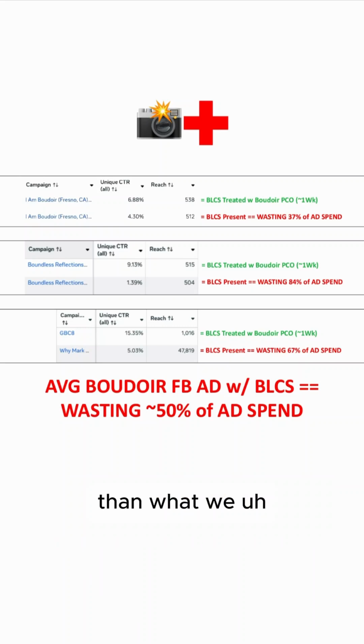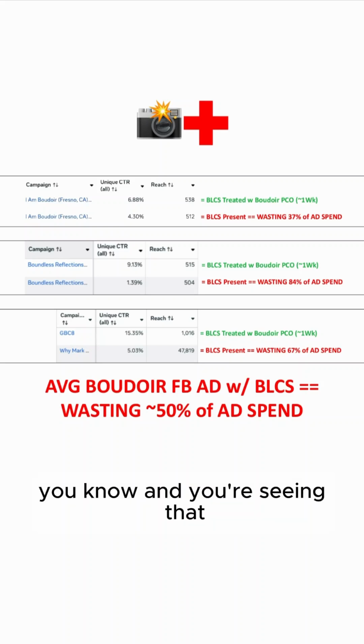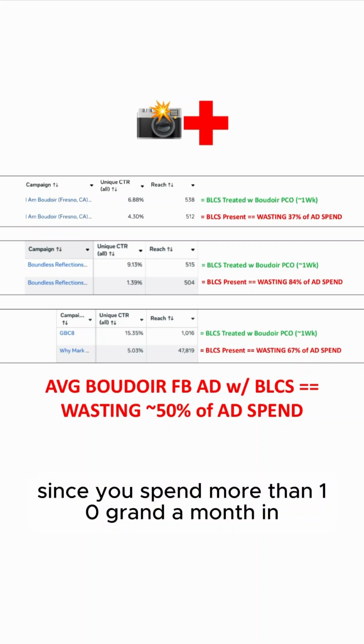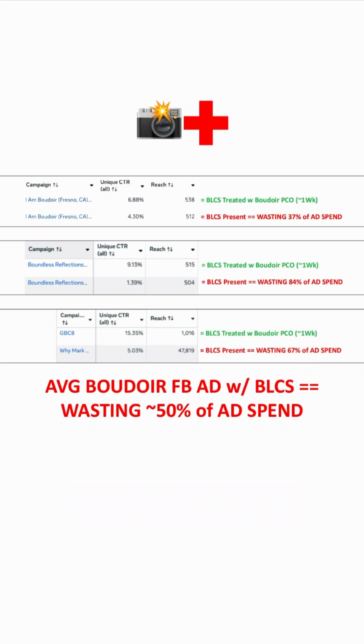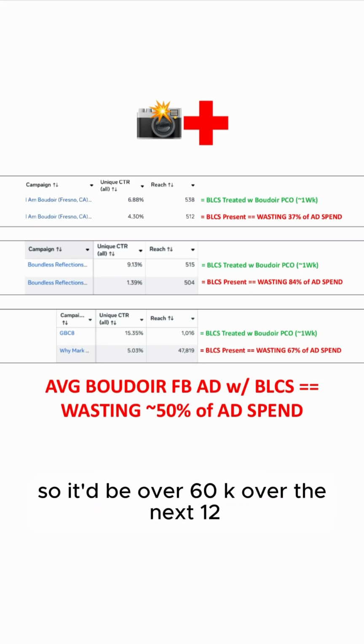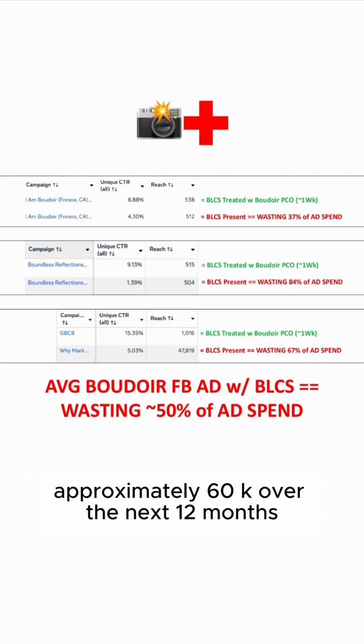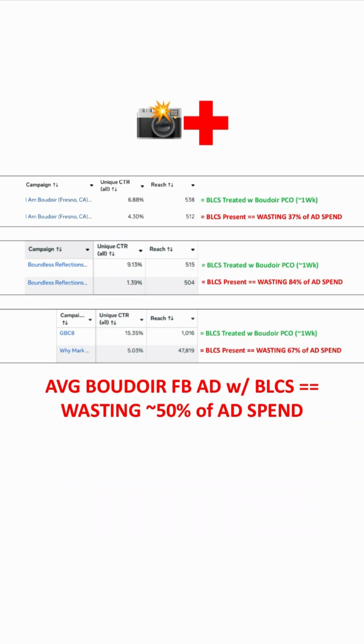And you're seeing that since you spend more than 10 grand a month on Facebook ads, we can eliminate approximately 5K of that per month, put that back in your pocket, you no longer have to spend it. So it'd be approximately 60K over the next 12 months.